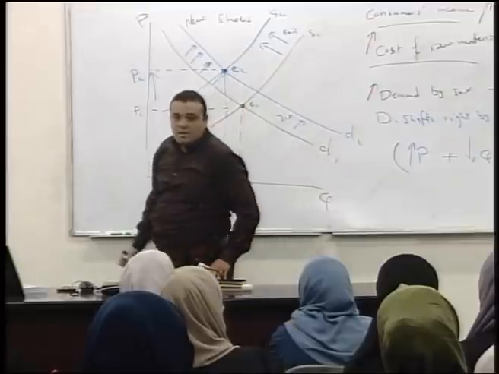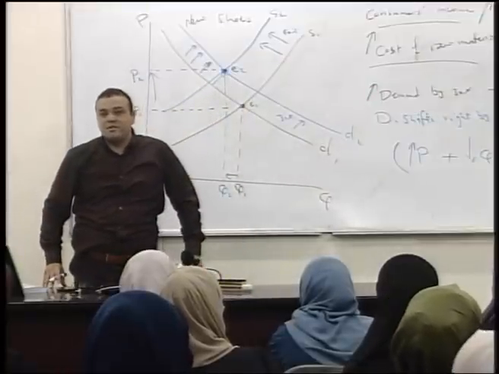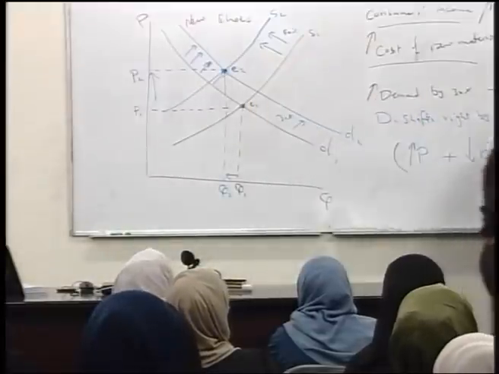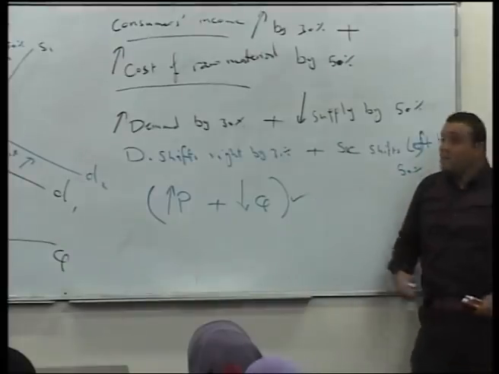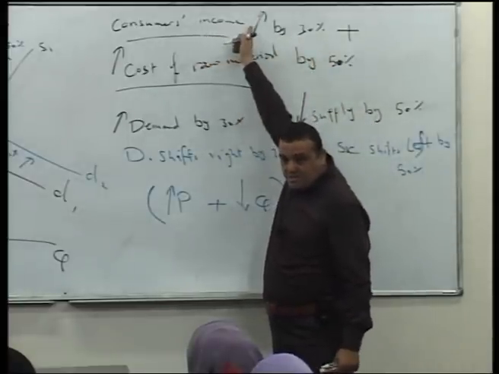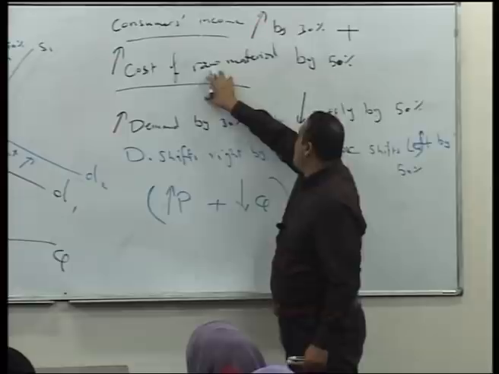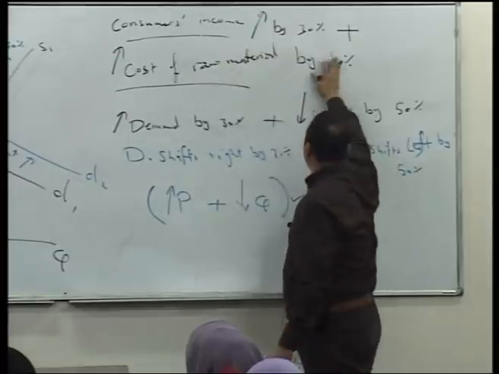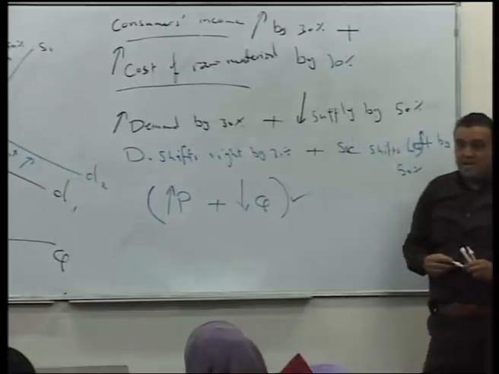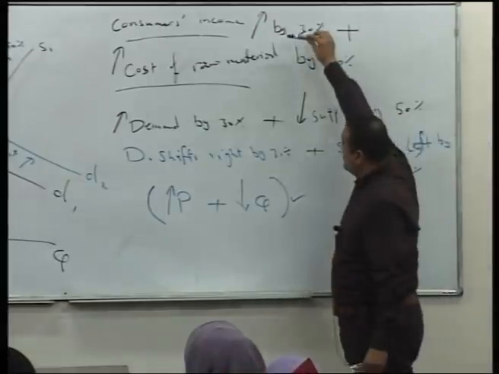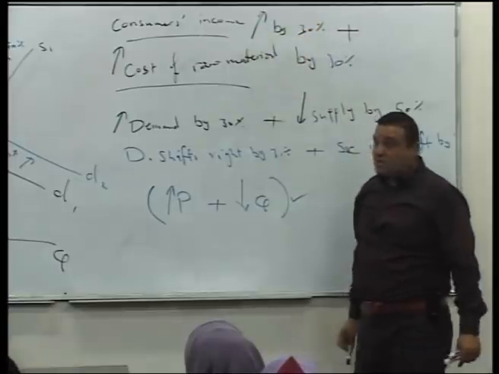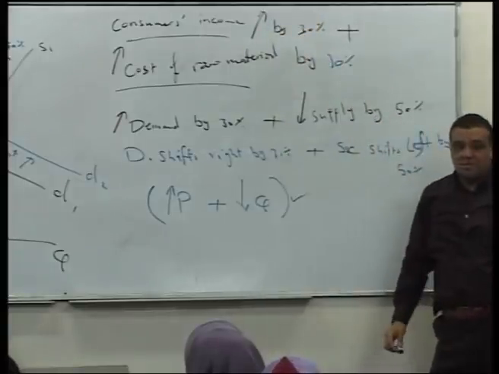Okay? What will happen if the assumptions here changed to be 30% increasing in the consumer's income and the cost of raw material increased by 10%, which means that the magnitude of a change in the consumer's income is bigger than the magnitude of a change in the cost of raw material.